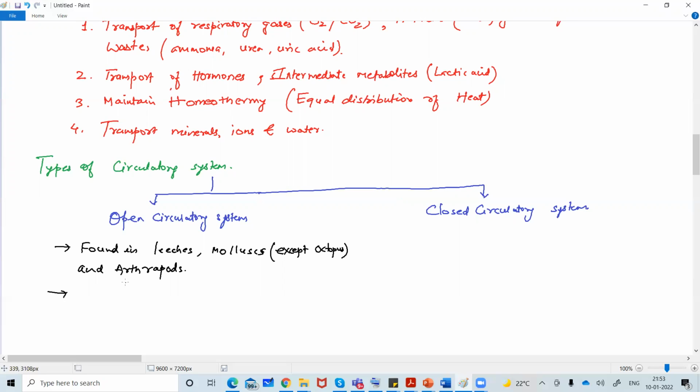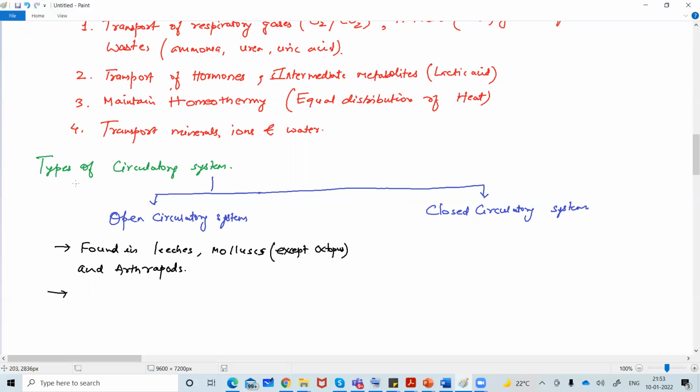In the open circulatory system, blood is not confined to any tube or duct or pipe. So blood is not confined to the blood vessel. It may come out into open space for exchange of nutrients or exchange of gases, right?